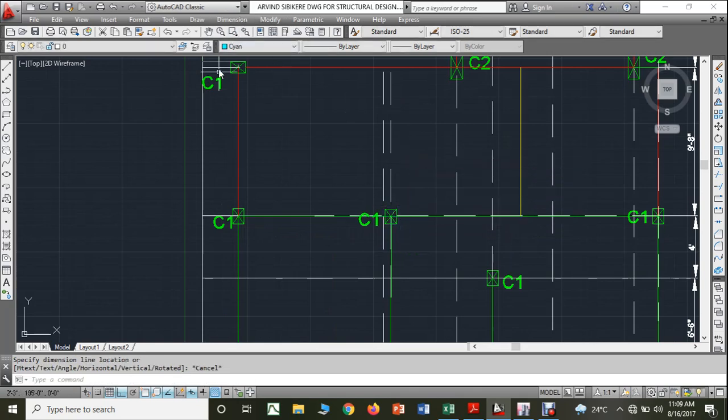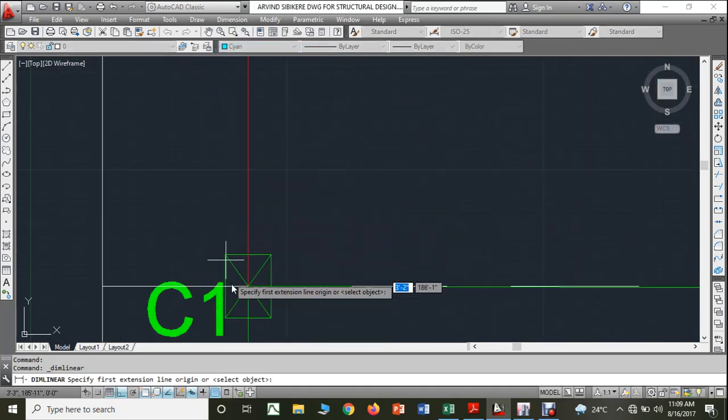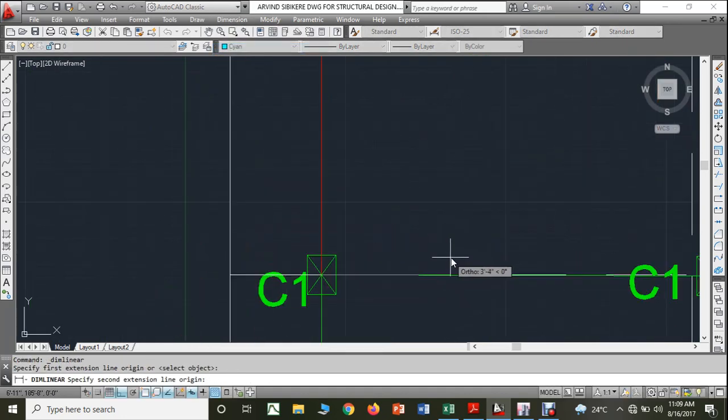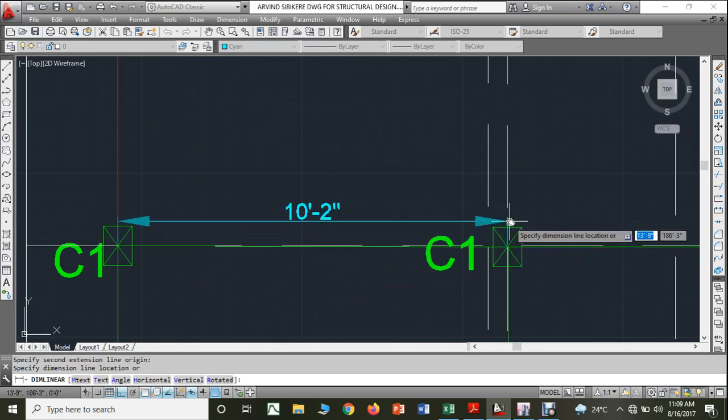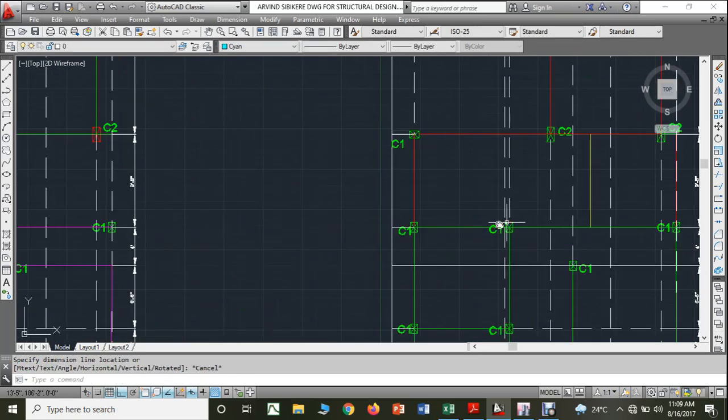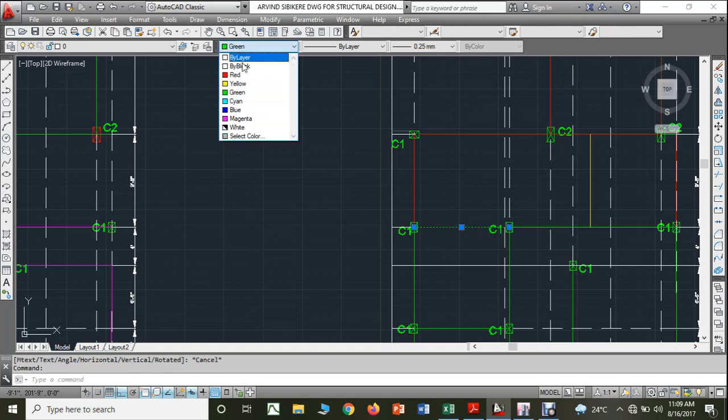Here to here, 10 feet 2 inches, almost it is 10 feet only. We already have the depth of the 10 feet beam, so therefore I can change it.